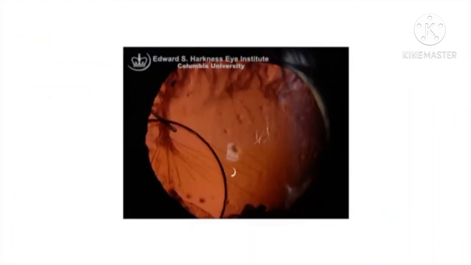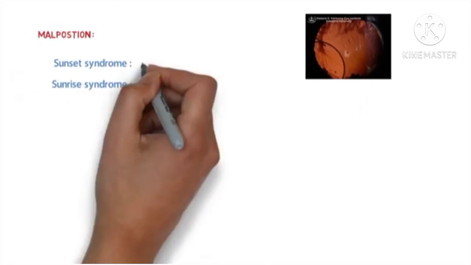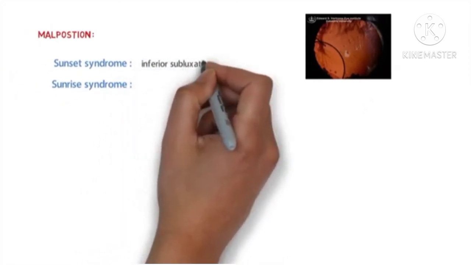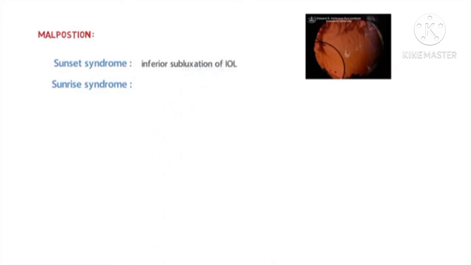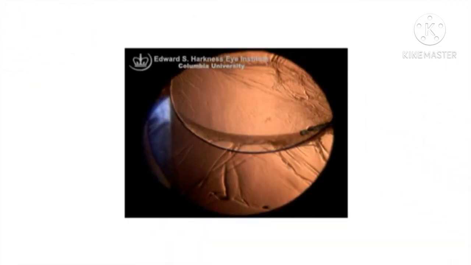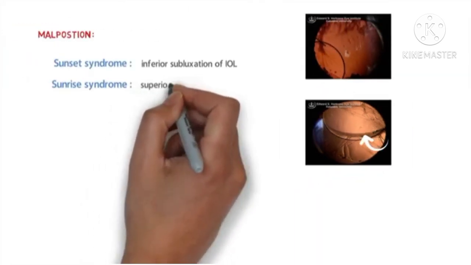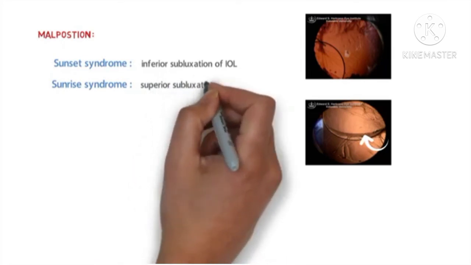In sunset syndrome, look at this diagram. This is the lens and there is an inferior subluxation of the intraocular lens. We can easily locate this intraocular lens which is subluxated inferiorly. In sunrise syndrome, there is a superior subluxation of the intraocular lens. Look at this diagram.